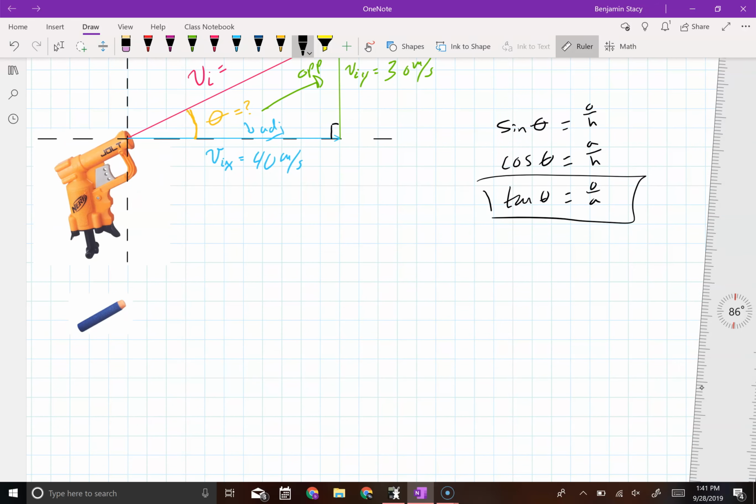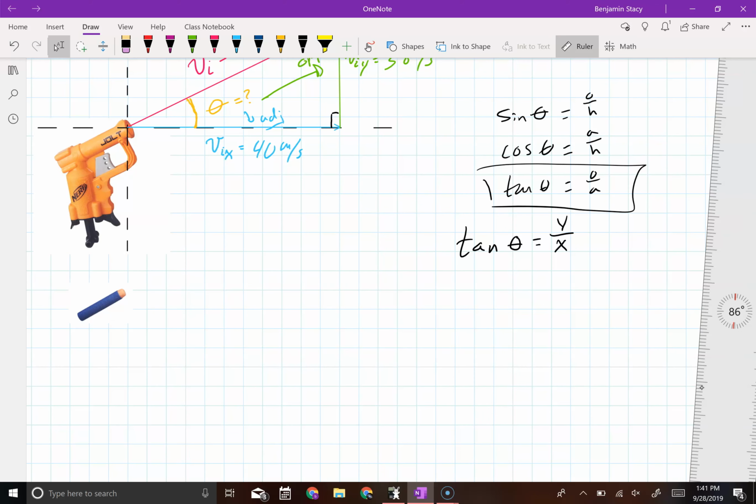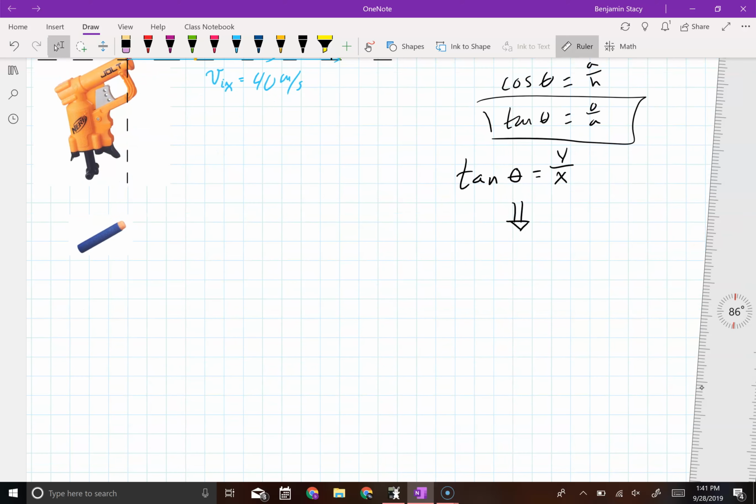When we're looking for the angle, so let's say tangent theta is, let's call it y component over x component. When I'm looking for the angle, we use the arctangent function, or the arc sine, or the arc cosine, because it gets you the degrees of arc.